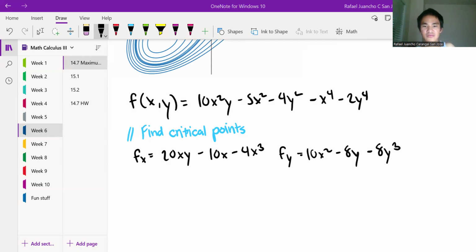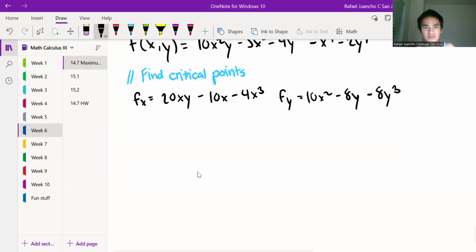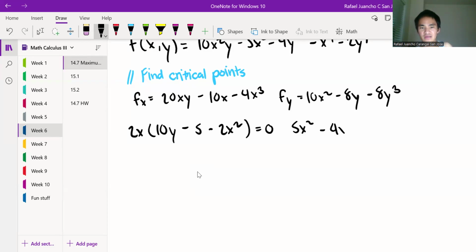Now we plug them in and make them 0. Here I can isolate a 2x. This becomes 10y minus 5 minus 2x squared, equal to 0. The other one is 5x squared minus 4y minus 4y cubed equal to 0.